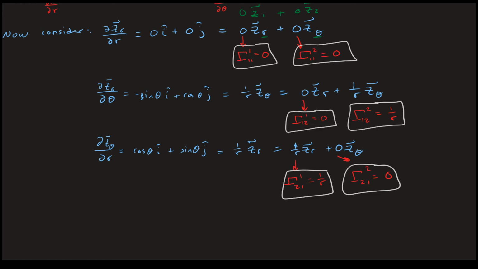And then lastly, do partial z theta, partial theta. So I'm differentiating z theta with respect to theta, and you'll get negative r cosine theta i plus minus r sine theta j.